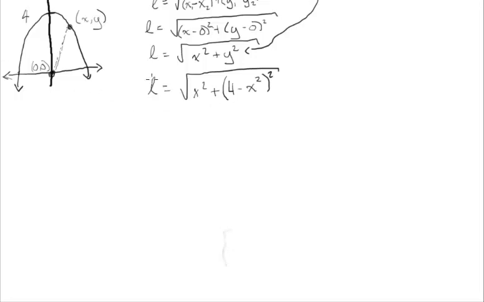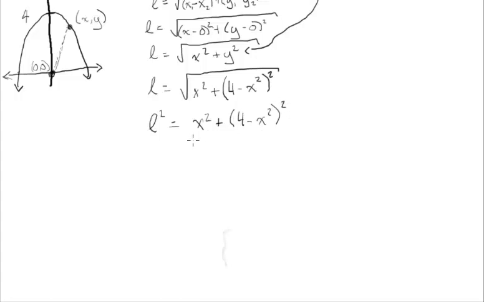Okay, so now in order to find the critical numbers, I'll take the derivative and set it equal to 0. Now notice that this is a big square root function, which would require using the chain rule. So as a little trick or strategy to make our lives a little easier, I'm going to square both sides. So my function isn't L equals, it's L squared equals.